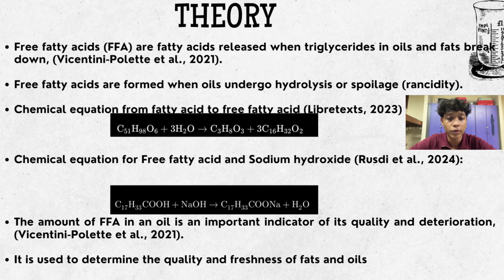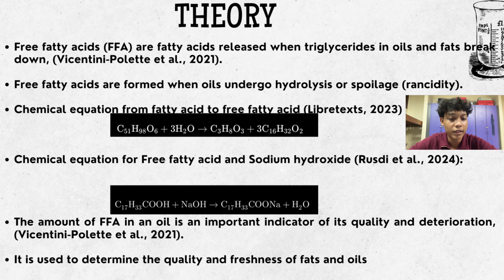Before I explain the theory, let me ask you a simple question. Have you ever wondered why cooking oil becomes darker and smells bad after being used many times? The answer is related to something called free fatty acid, or FFA. Normally, cooking oil is made up mainly of triglyceride.